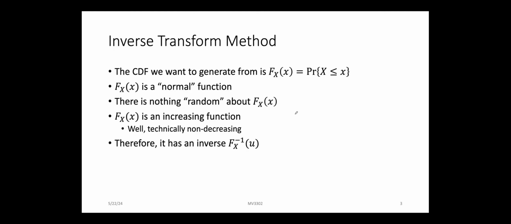But the point is that not every function has an inverse. So, for example, this function doesn't have an inverse. Why? Because if I want the inverse of this value, well, there are two of them, so it's not uniquely defined.